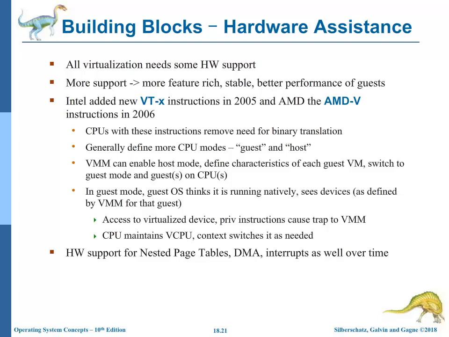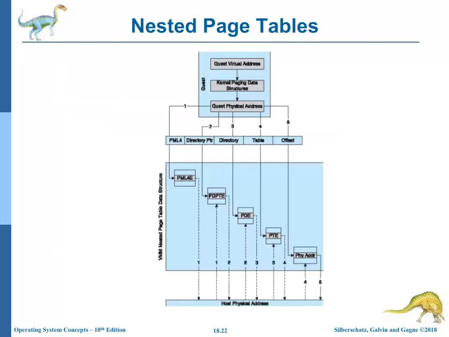The nested page tables were implemented in hardware to allow the virtual machine manager to fully control paging while the CPU accelerates the translation from virtual to physical addresses. DMA, direct memory access, and interrupts can also be hardware assisted. The NPTs add a new layer when representing the guest view of logical to physical address translation.